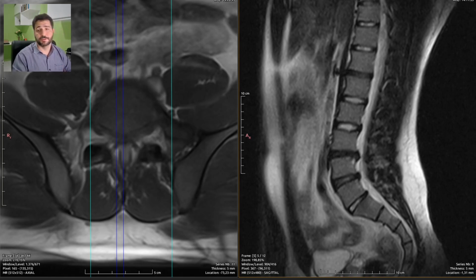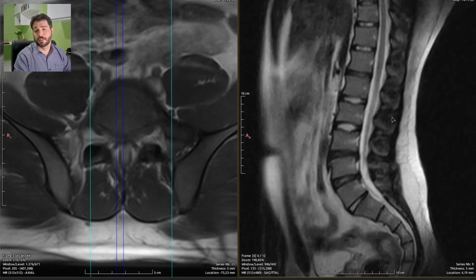And there is diffuse, chronic dehydration of the disc, especially on the segments, especially in L4, L5 and L5 S1. Now I'm going to report the extruded discs.